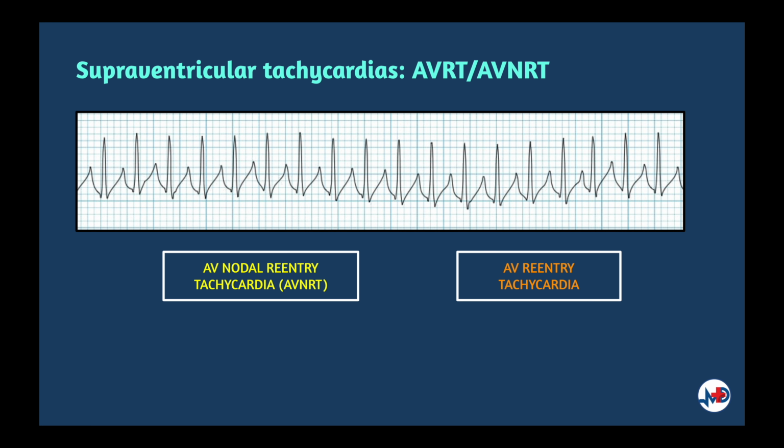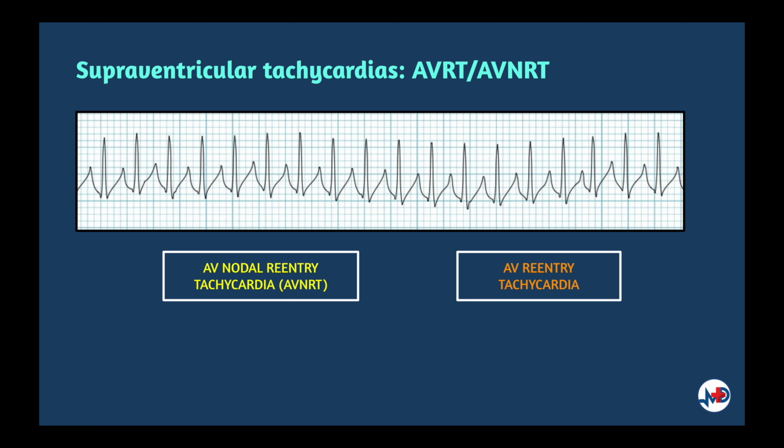Next, let's take a look at supraventricular tachycardias, specifically AVRT and AVNRT. AVRT stands for atrioventricular re-entry tachycardia, and AVNRT stands for AV nodal re-entry tachycardia. In antidromic AVRT, anterograde conduction occurs via the accessory pathway with retrograde conduction via the AV node.